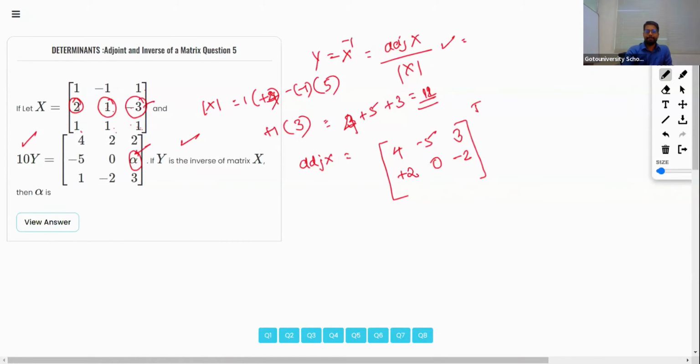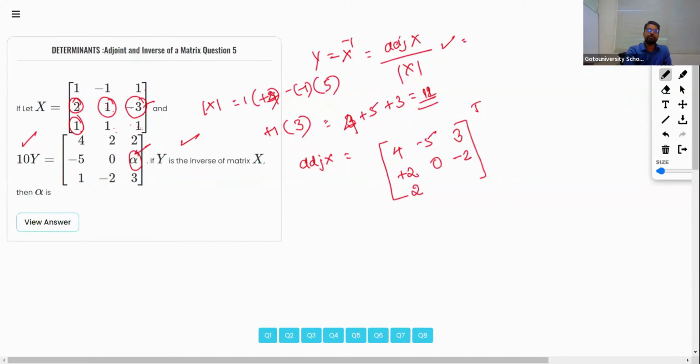So coming to the next one, what do we have? We have this 1. If we eliminate the first column and the third row, we end up with plus 3 minus 1, which is 2. What is the sign of this?